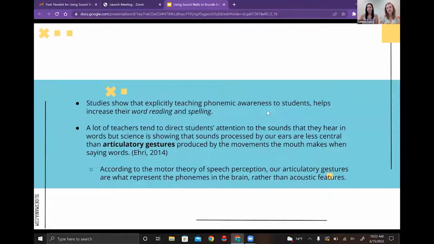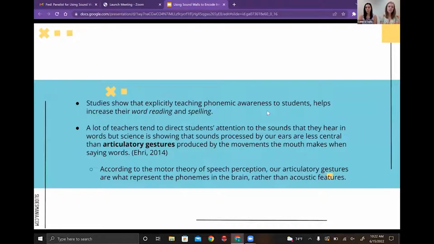In our district, we use a program called Heggerty, and that program has a lot to do with teaching phonemic awareness skills explicitly. First you give them a cue, you show them an example, and then they go through a bunch of prompts of that same skill to help build word recognition.